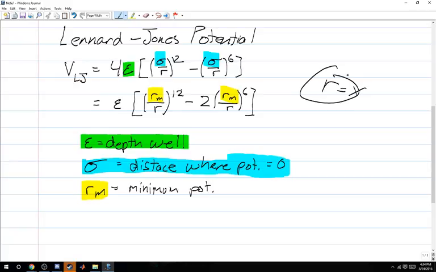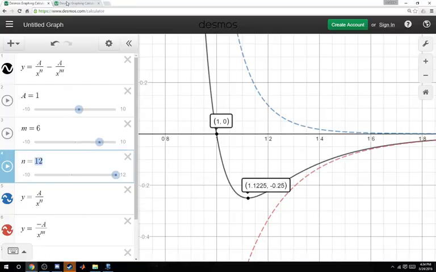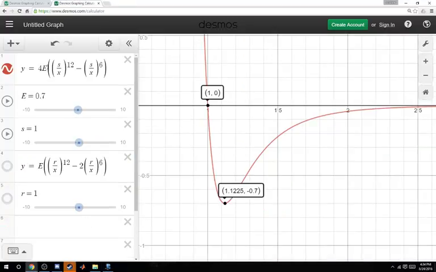Anyways, let's look at the graph. Okay. So here is the first one that we talked about. The 4 epsilon sigma I put as s. X, because R is essentially the x in a graph. R is just the distance away from the origin, so we're placing that there.